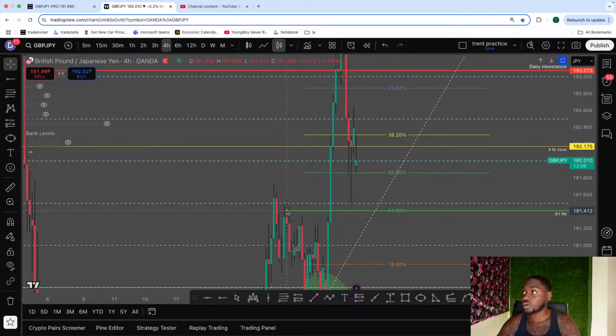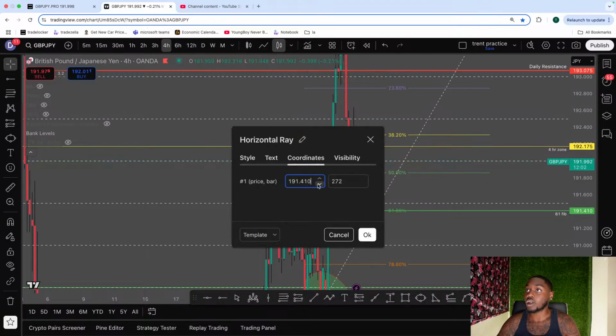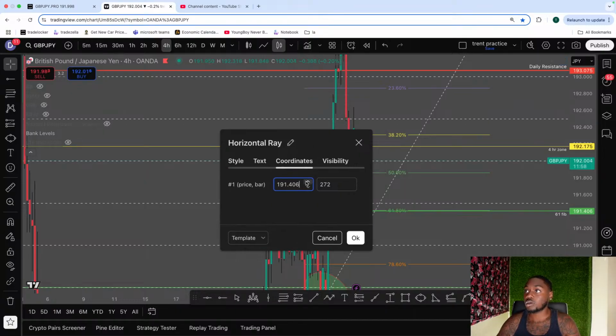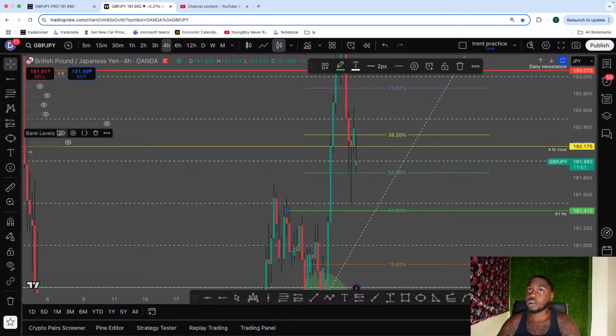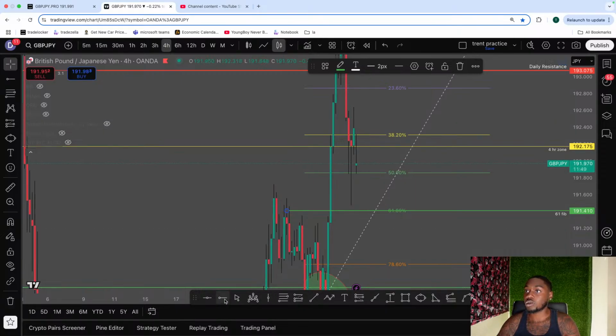Basically, we're anticipating price to retrace, find support either at this 50 or at the 61, and then continue up to give us a new high. So this is what we're targeting. We're going to be targeting these levels up here for this week. More than likely, this is going to be our first initial target right here.